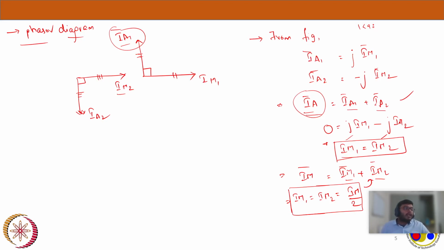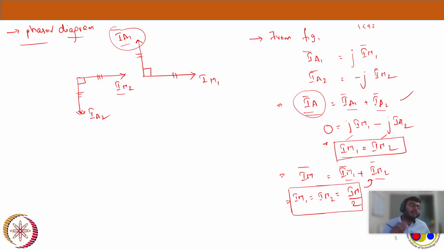So this is our conclusion from the phasor diagrams and also our hypothesis: there should not be any current flowing in Ia, and we substituted that in the phasor diagram and got this conclusion. So my main winding current is nothing but the summation of positive sequence and negative sequence current, which are equal in magnitude, that is IM by 2, half of the main winding current.